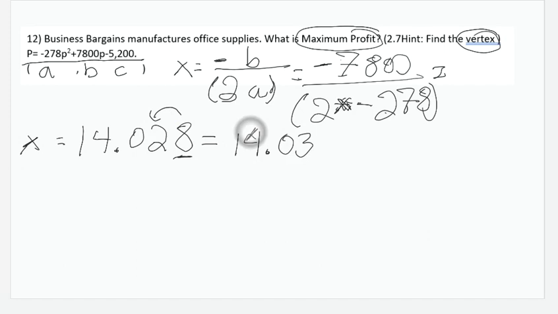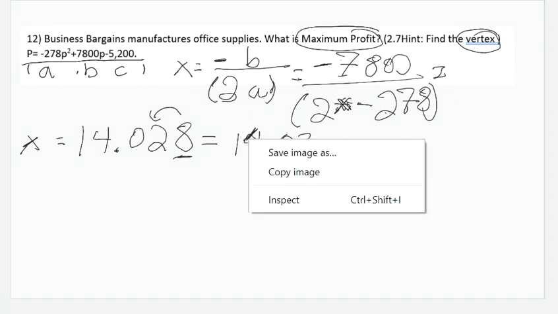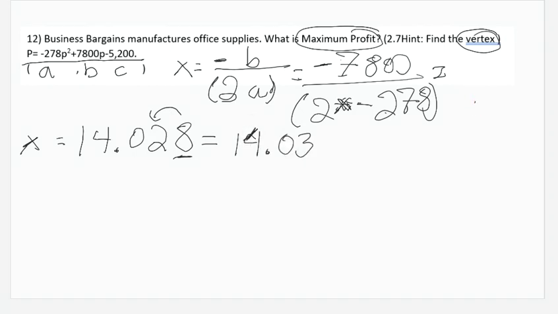Okay, and then we're going to substitute that back into the equation for y. Basically that's our x value, now we need our y value. P is our y value. So I'm going to go negative.